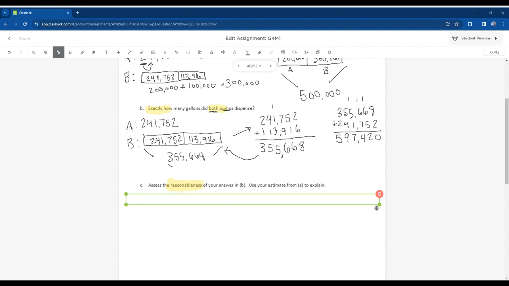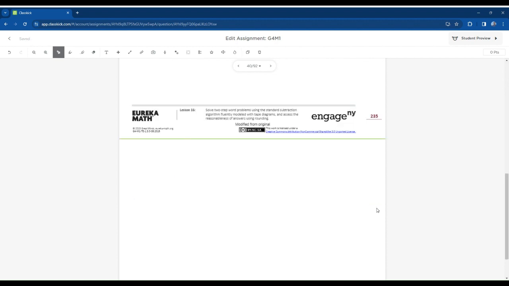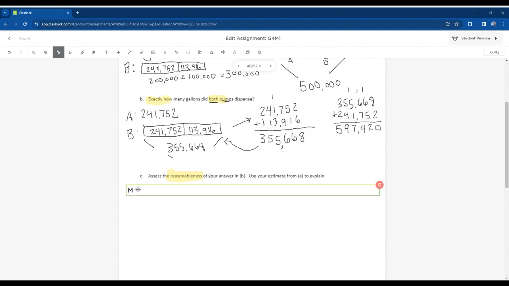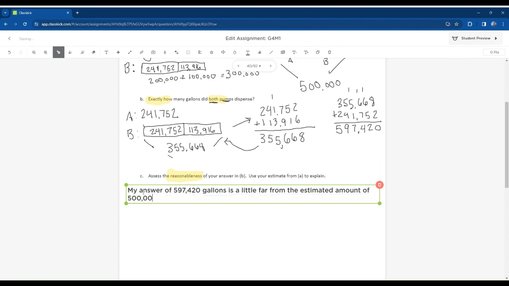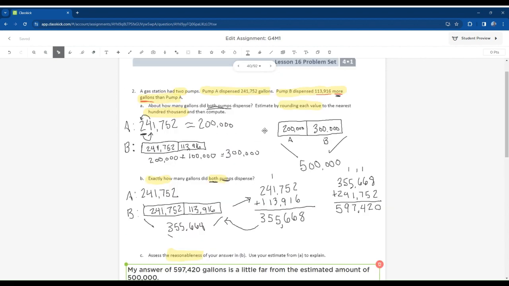So we can say my answer of 597,420 gallons is a little far from the estimated 500,000.